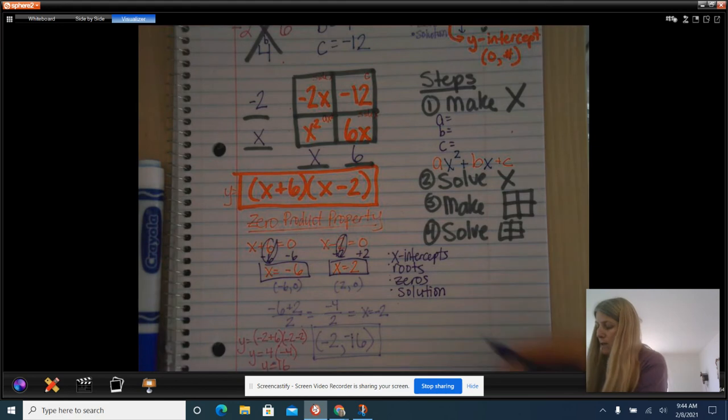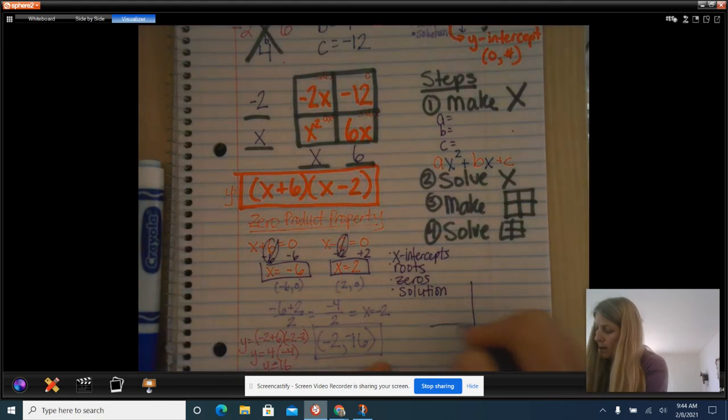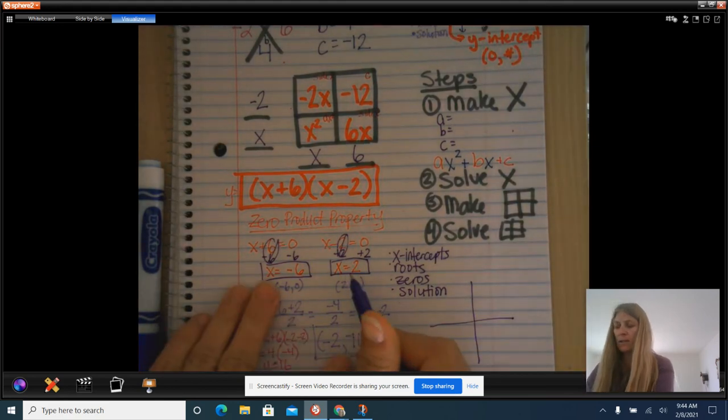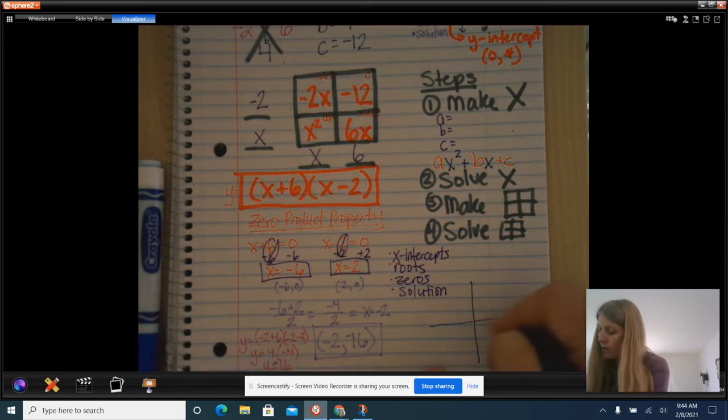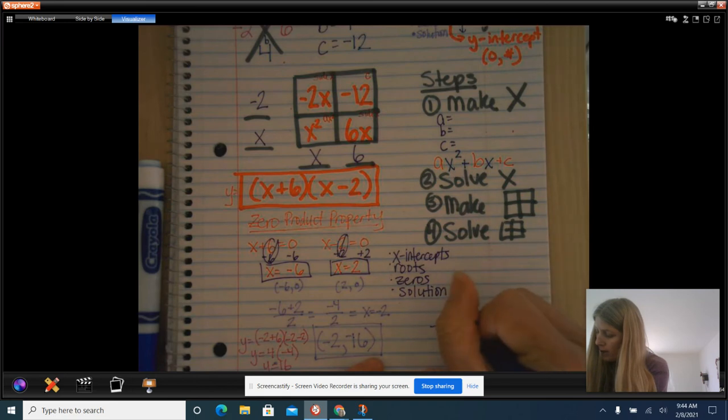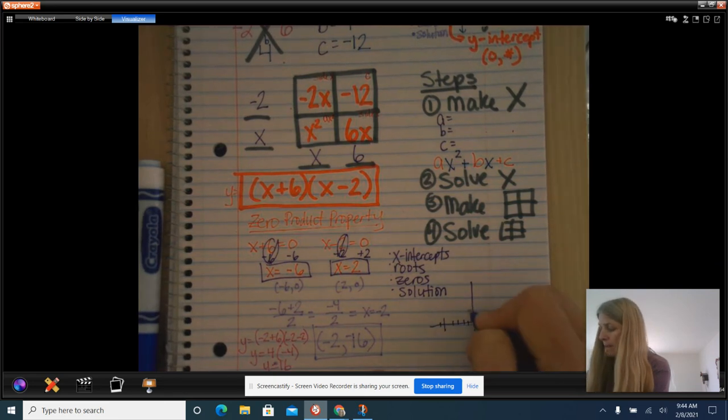Now, why would I want to do this? Well, this allows me, if I know my vertex and my two x's, to go ahead and graph it. So here I have 1, 2, 3, 4, 5. 1, 2, 3, 4, negative 5. So I'm going to go ahead and count my 5s going this way. 5, 10, 15, negative 20.